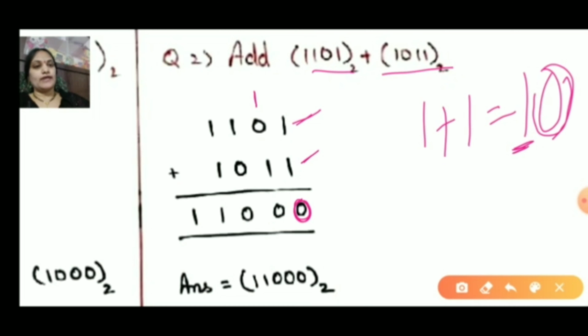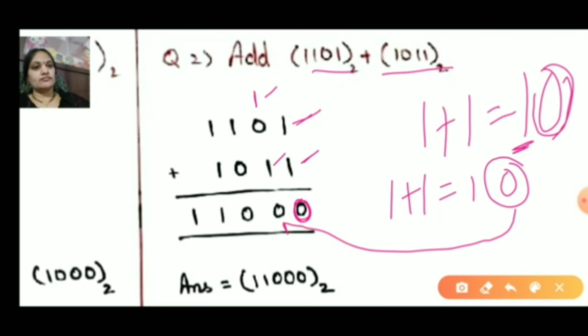Okay. Now add this value 1 with the 1. Again 1 plus 1 is equals to 1 0. Now write this 0 here and 1 is here. Okay.